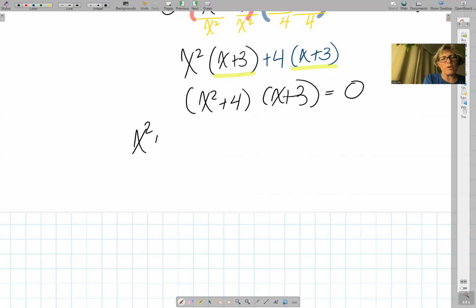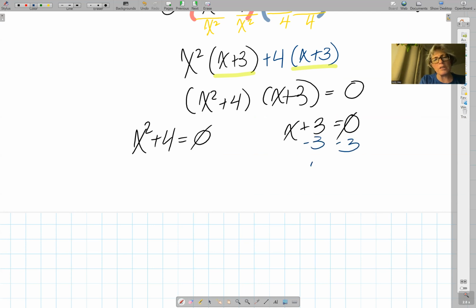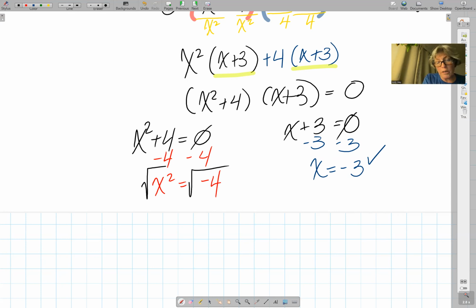So I have x squared plus 4 equals 0, and x plus 3 equals 0. For here, of course, we simply subtract 3, and that's an easy one. So one of our zeros is going to be negative 3. Here, we're going to subtract 4. Now you can see where the negative comes from: x squared equals negative 4. Of course, the opposite of squaring is square rooting.